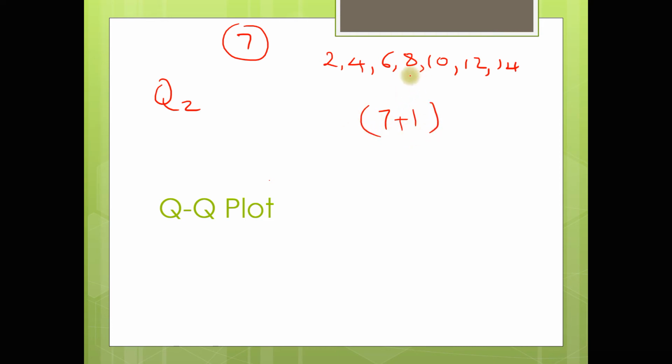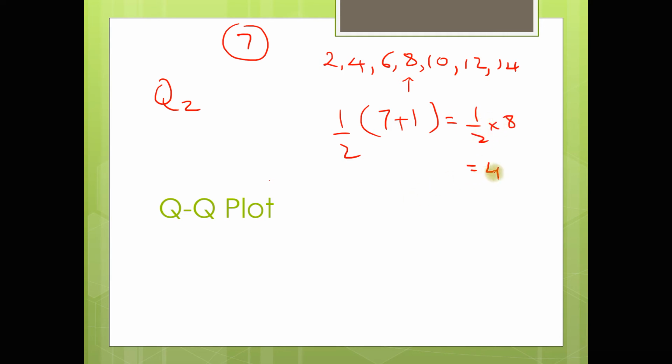Because the median is the point that divides the data into two equal parts, we can just take half of 7 plus 1. Half of the data will be below it, including itself, and half of the data will be above it, including itself. So you have half of 8, which is equal to 4.